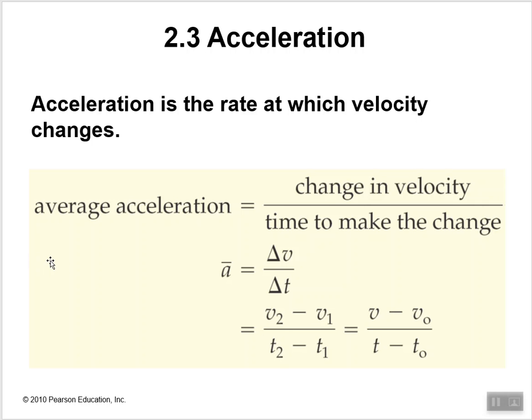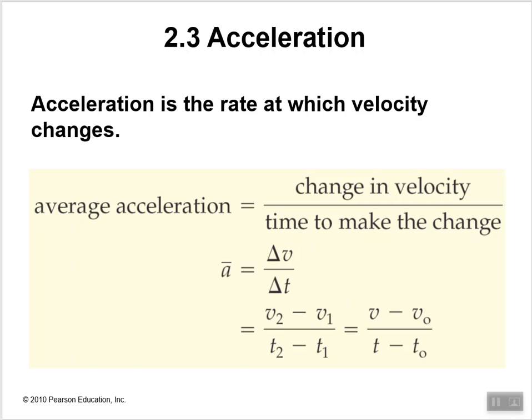Alright, well, let's get back to some other stuff before we get back to doing some math. Acceleration is the rate at which velocity changes. So on here they give us an equation for acceleration. Average acceleration is the change in velocity over the time to make the change. So up here they have this triangle, which means delta, or change, in velocity over the delta, or change, in time.